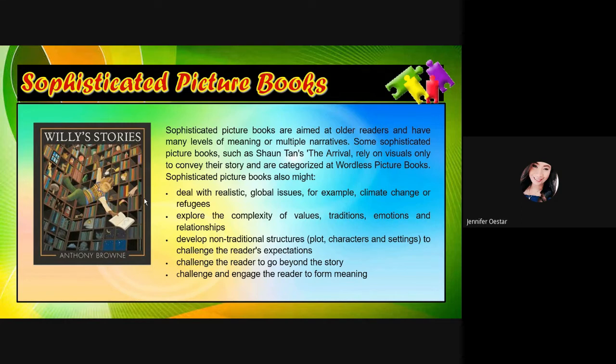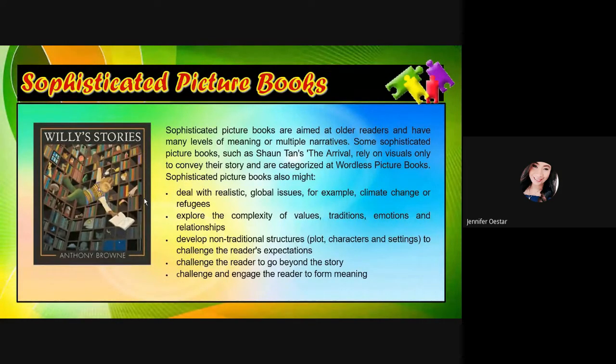They may deal with realistic global issues, for example, climate change or refugees, explore the complexity of values, traditions, emotions, and relationships, develop non-traditional structures, just like the plot, the characters, and settings, to challenge the reader's expectations, challenge the reader to go beyond the story, and challenge and engage the reader to form meaning.